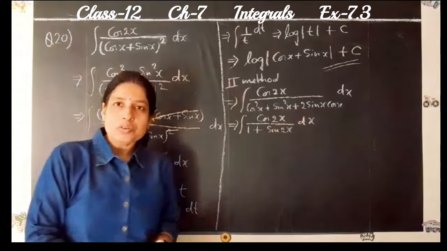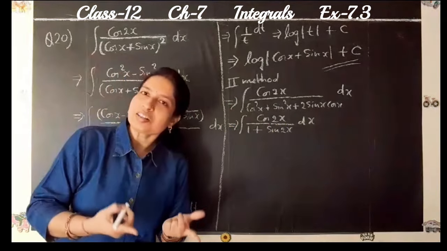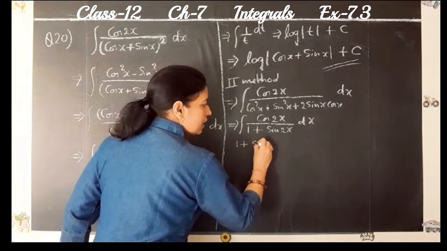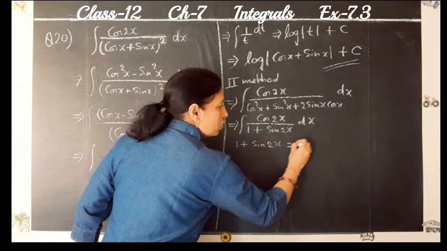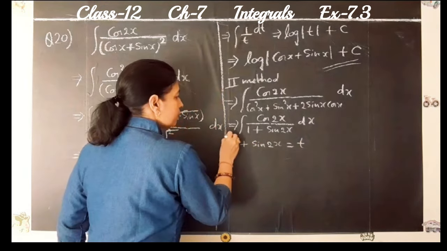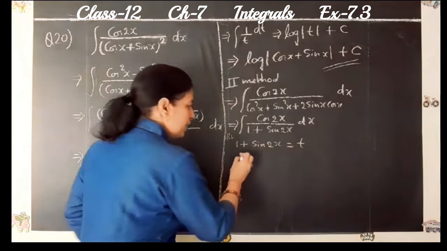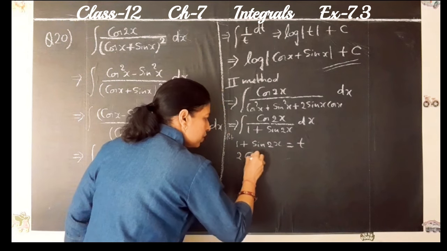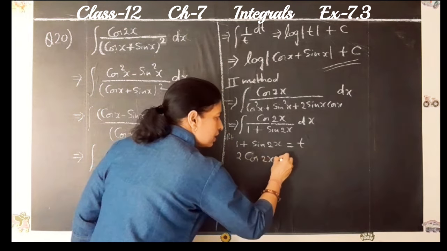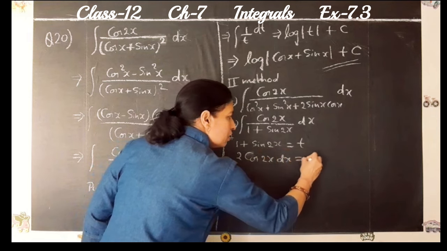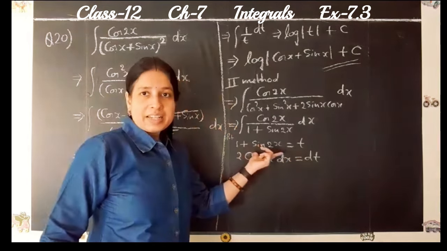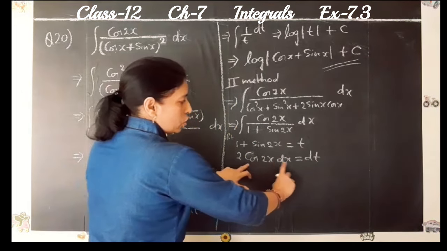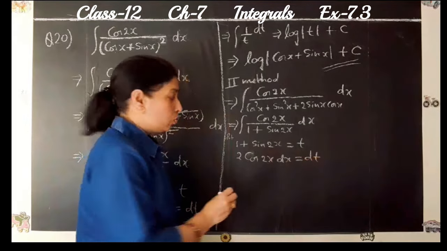Now again use the integration by substitution method. Here we put 1 plus sin 2x is equal to t. Then differentiating, we get 2 cos 2x dx is equal to dt. Derivative of sin x will be cos x and derivative of 2x will be 2. So in place of cos 2x dx, we can write dt by 2.